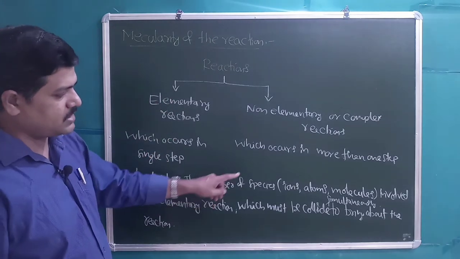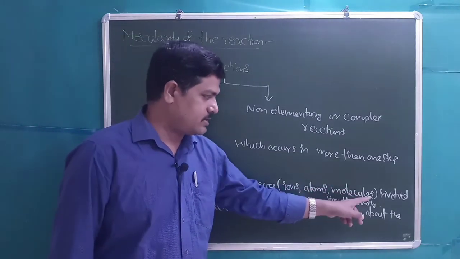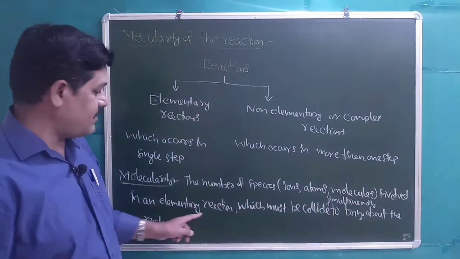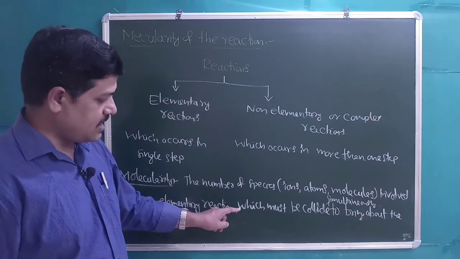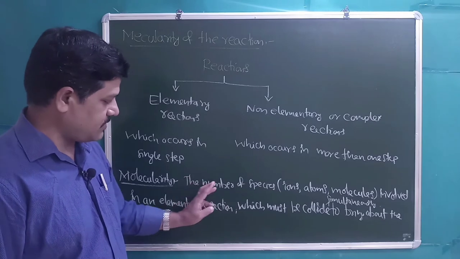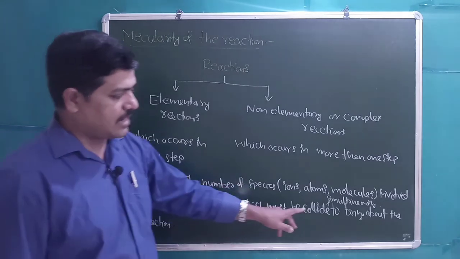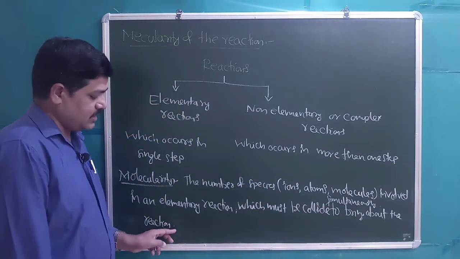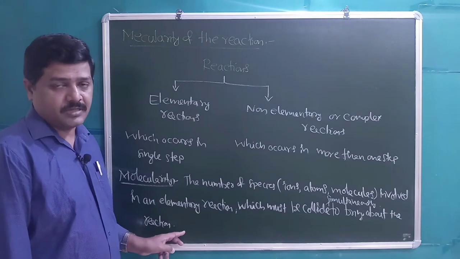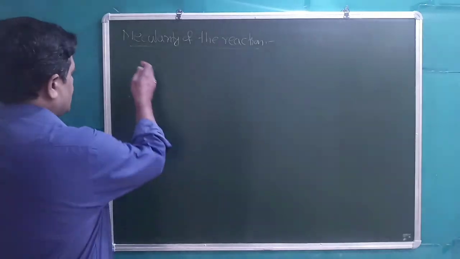The number of species, which may be ions, atoms, or molecules, involved in an elementary reaction is defined as molecularity. It is the number of species which must collide simultaneously to bring about the reaction. Students, let us take some examples for the unimolecular, bimolecular, trimolecular reactions now.